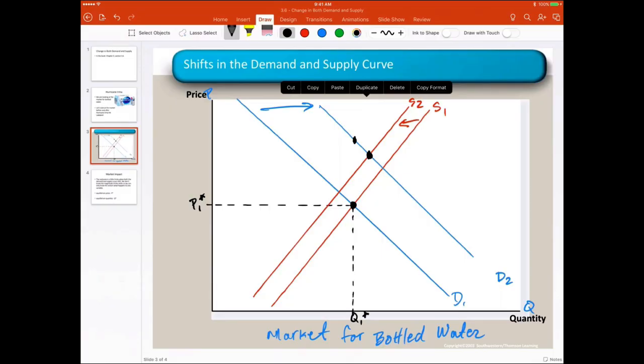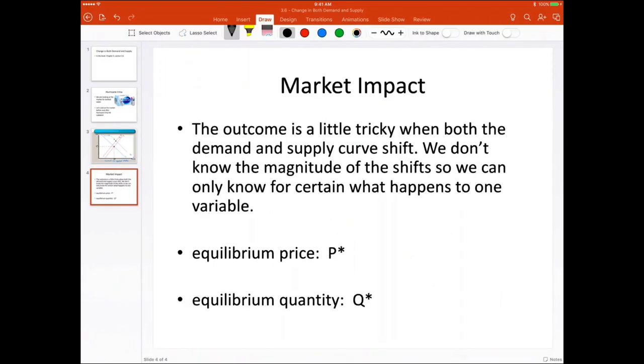That brings us to this slide, which reiterates what I just said. The outcome is a little tricky when both demand and supply curves shift. We don't know the magnitude of the shifts, so we only know for certain what happens to just one of the variables.